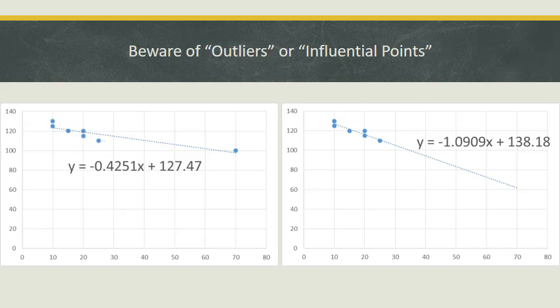But 1 point way out by itself can literally drag the line to it. And that is the danger of outliers. Their abnormal distance from the group gives them an incredibly strong effect on the best fit line.